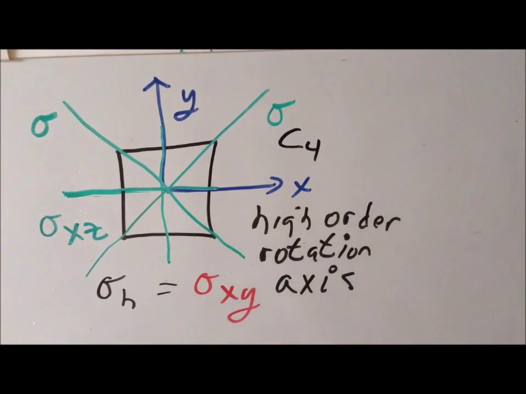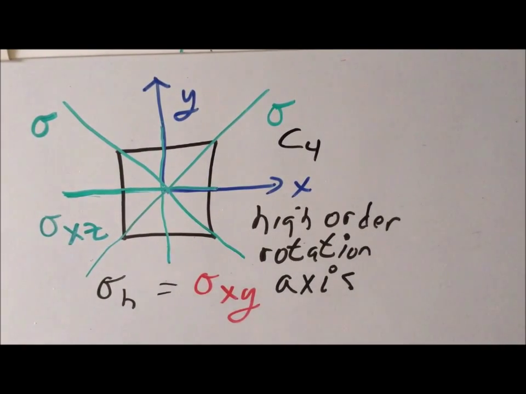And it will turn out that no matter what type of mirror plane we have, there are only two possibilities. Relative to the high order rotation axis, it can be perpendicular to it, in which case we have a horizontal mirror, or it can include the high order rotation axis.